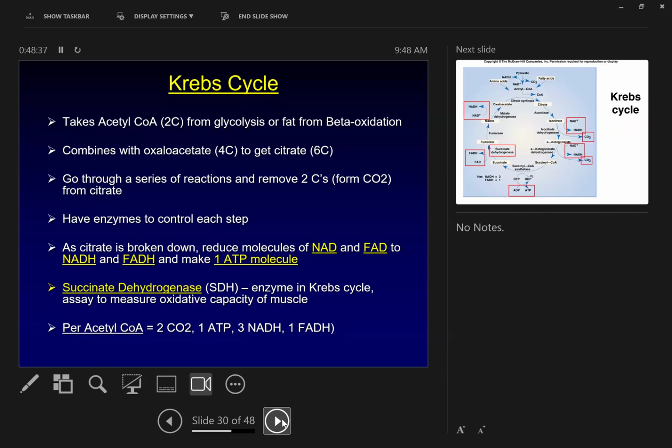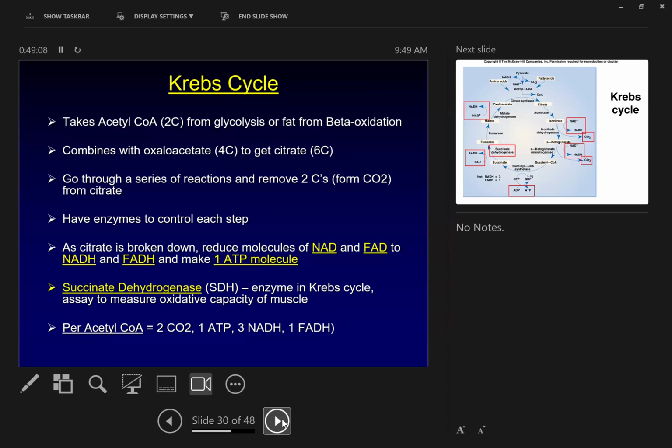I'm not going to ask you a question about this, but it's on the slides, and I just want to tell you why it's here. If you remember way back in the 2nd week of class, I showed you some muscle fibers that had been stained for fiber type and different things. One of those slides was stained to check mitochondrial content, using an enzyme in the Krebs cycle called succinate dehydrogenase, or SDH.